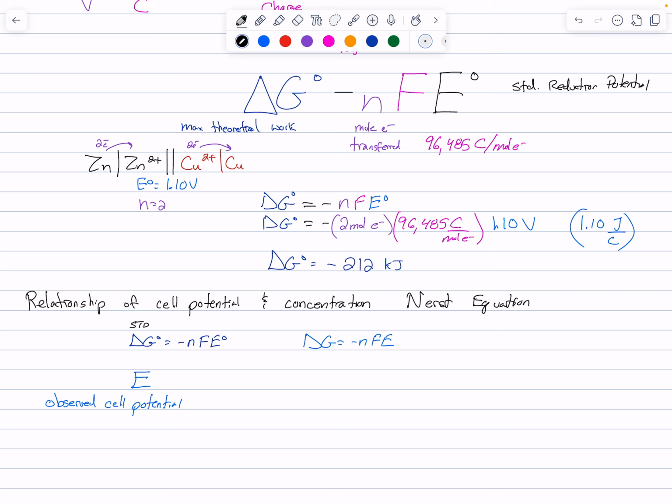It is going to be equal to E standard minus RT over NF times the natural log of Q. And Q, of course, is the reaction quotient. So that's our Nernst equation.